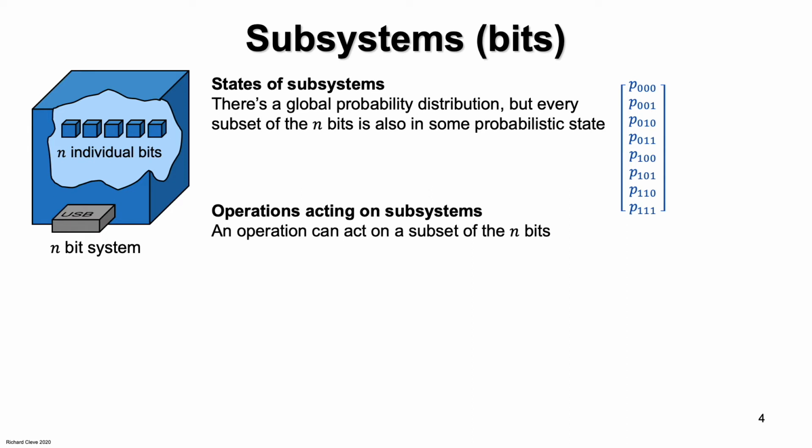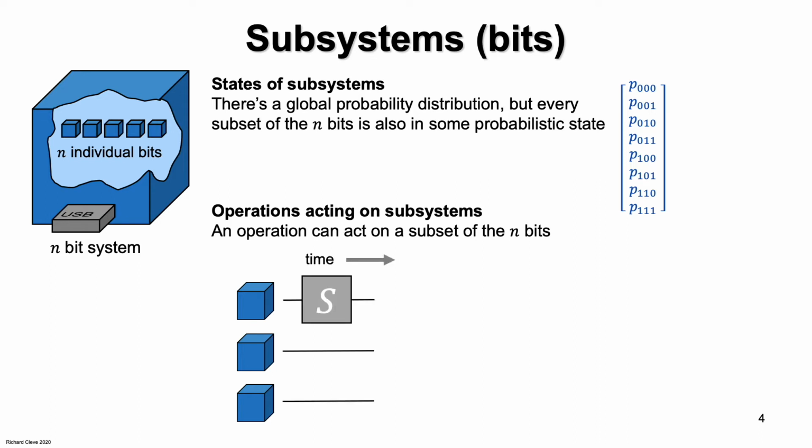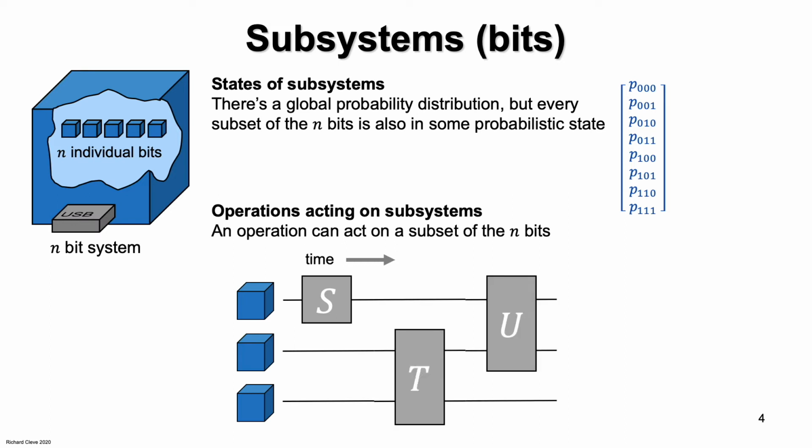For example, if there are 3 bits, it makes sense to apply an operation to the first bit. For example, think of how applying a NOT operation to the first bit affects the 8-dimensional probability vector. And operations can be similarly localized to various other subsets.